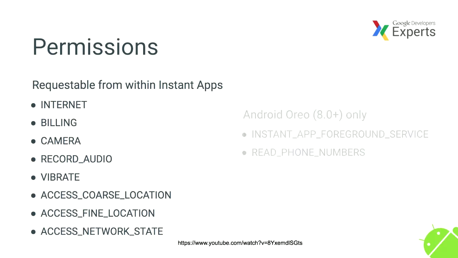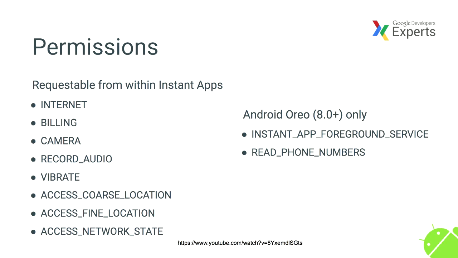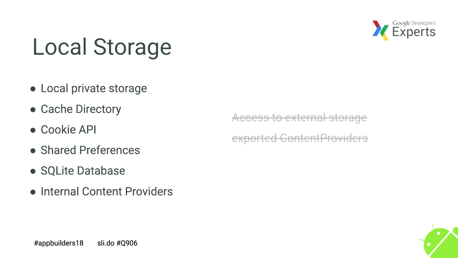And permissions: internet, billing, camera, some common permissions are allowed in instant apps. And also, instant app foreground service and read phone numbers come with Android Oreo. For local storage, only access to external storage and exported content providers are not permitted.